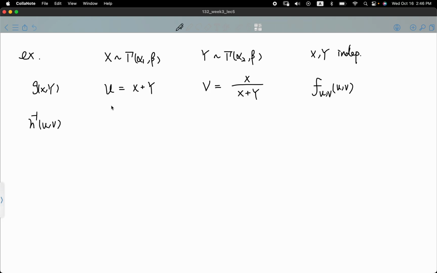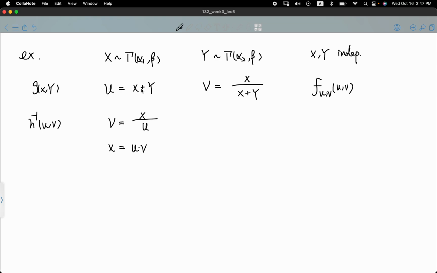So here, let's see. We can first rewrite the random variable v as x over u, which is x over x plus y, so that we know x can be expressed as u multiplied by v. And this is your first h1 inverse.